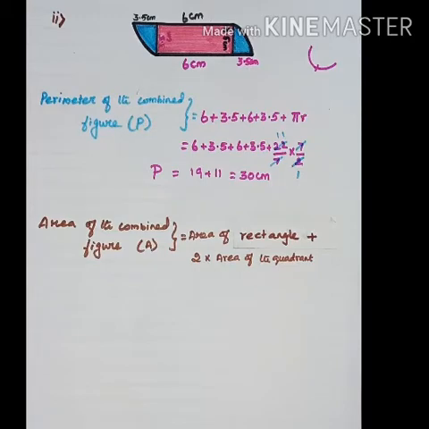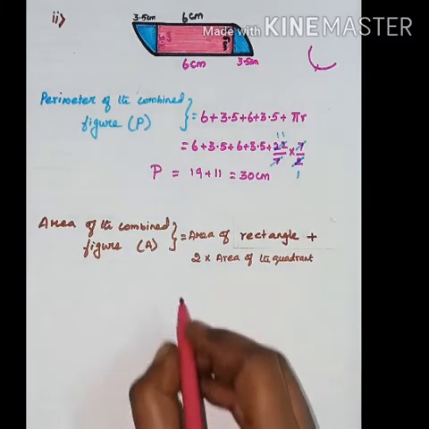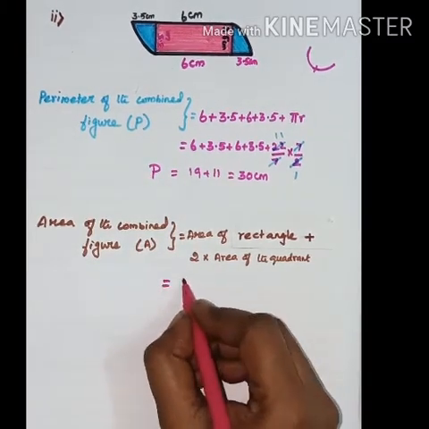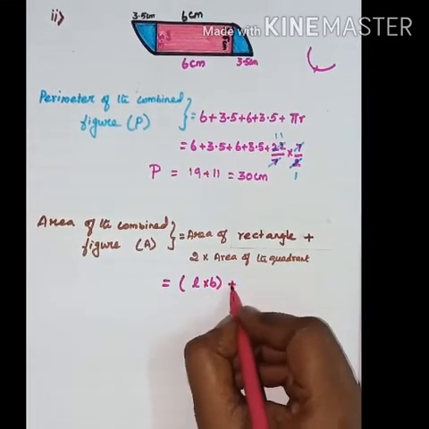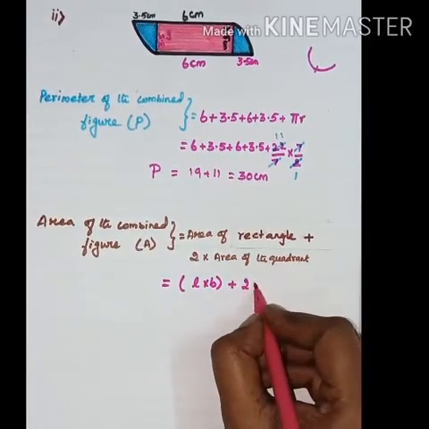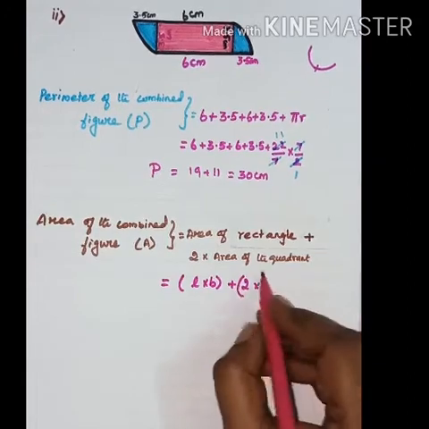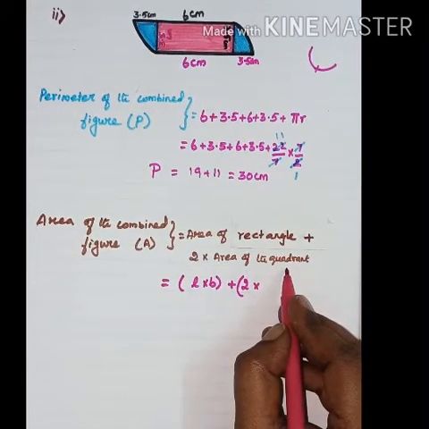We know that the area of the rectangle is equal to L into B, that is length into breadth, plus 2 into the area of the quadrant.